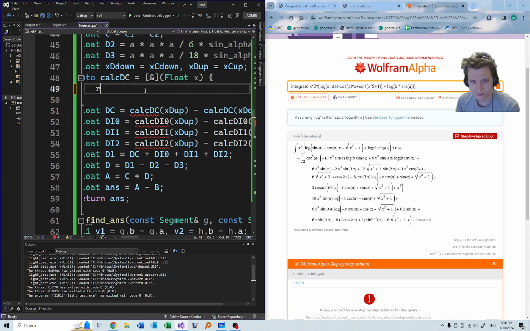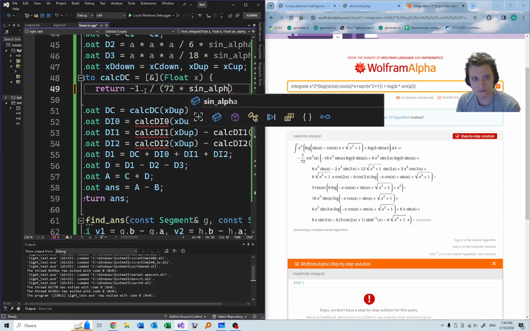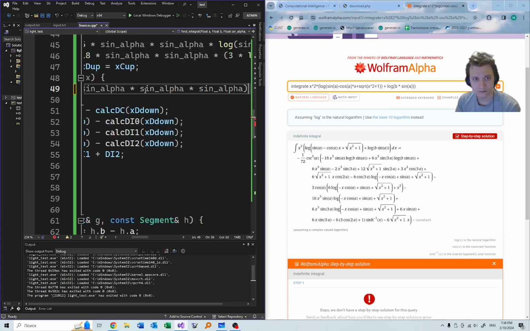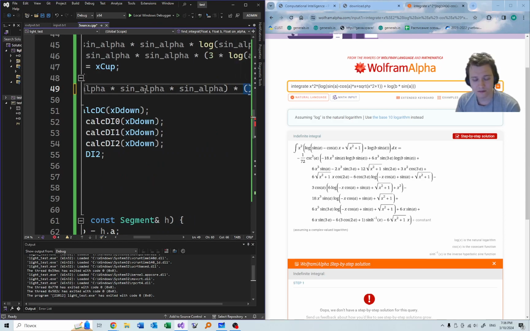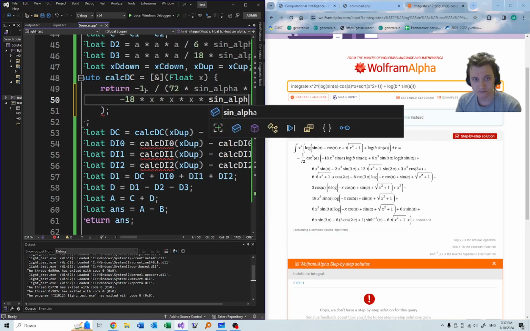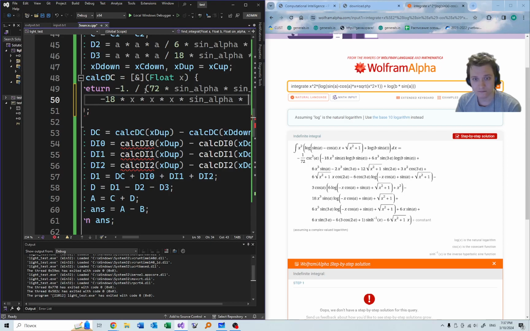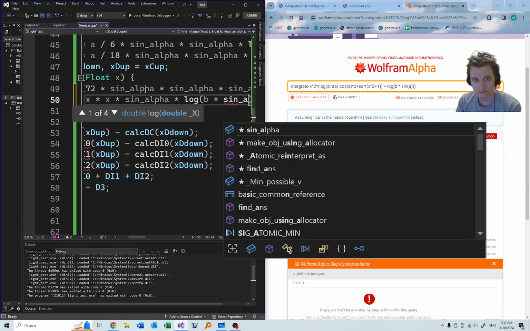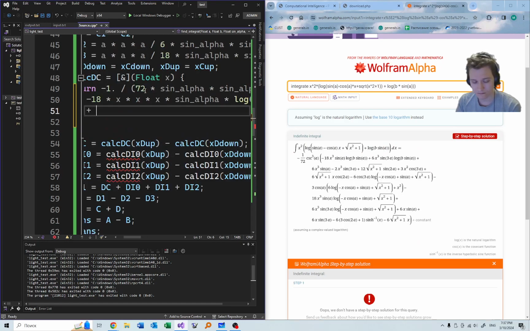We need to return minus 1/72 times sine cube times something. So how can I calculate sine of 3 alpha?